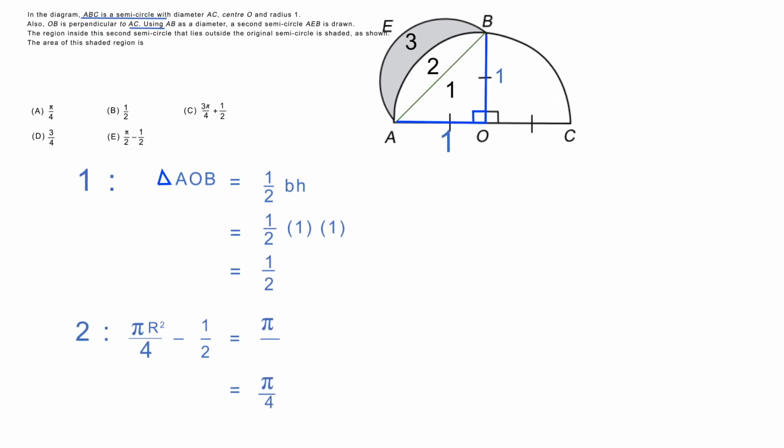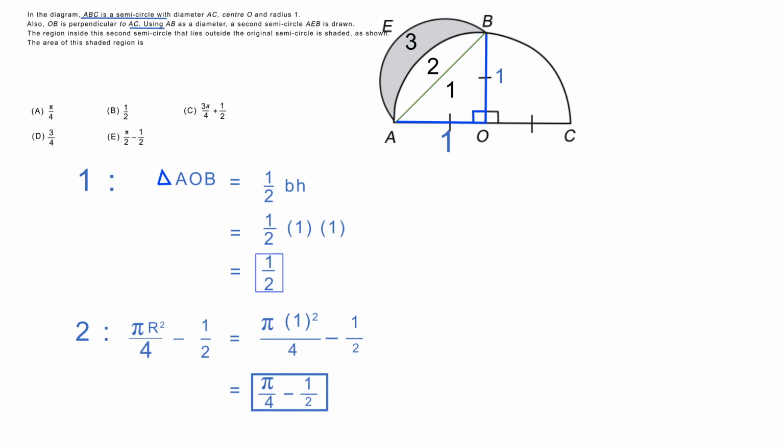So we'll substitute r equals 1. So we have pi 1 squared over 4 minus 1/2, and that basically becomes pi over 4 minus 1/2. So there you go. This is now the area of region 2. Region 1 was 1/2. Region 2 is pi over 4 minus 1/2.